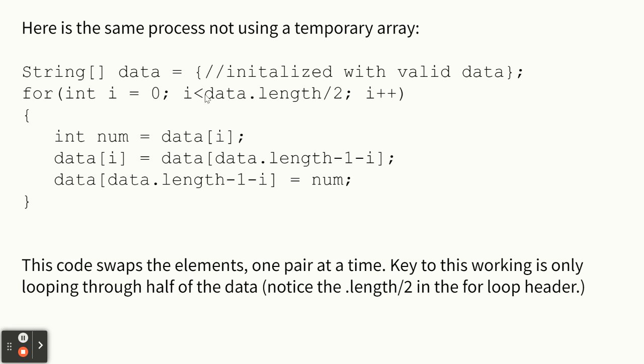This is a little tedious, but let me show you. For this one, we need a temp variable. This is in a way the swapping thing I was talking about. We're saying, hey, I'm going to have num that I'm just going to use for a minute. I'm going to save data at i, and then I'm replacing data at i. That's like data at 0, the first time through. I'm replacing it with the one from the end.